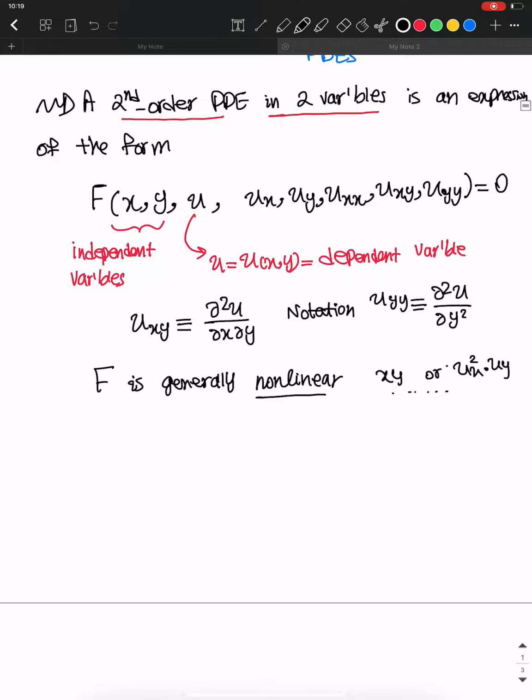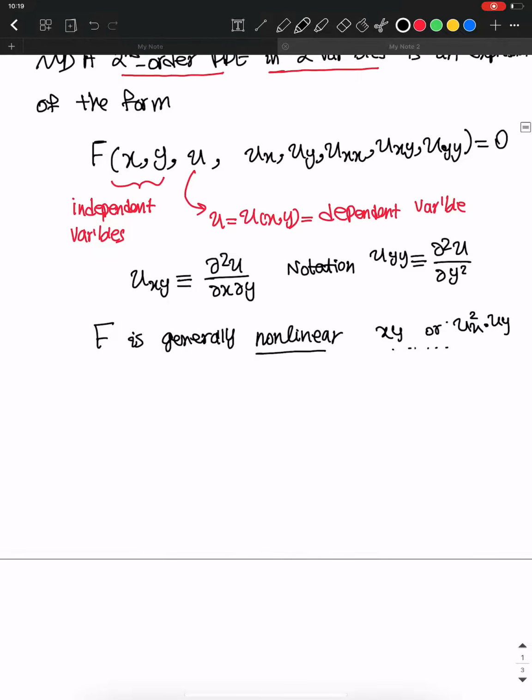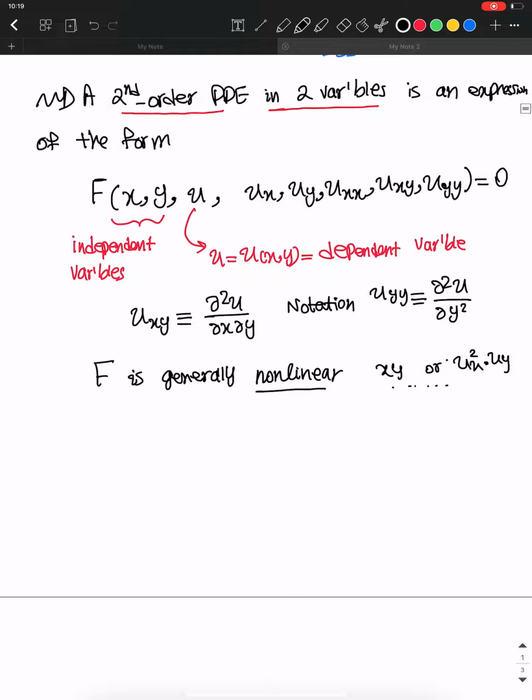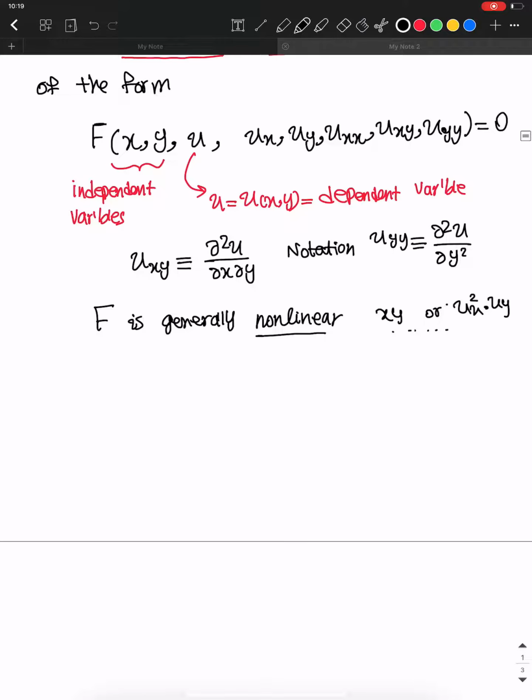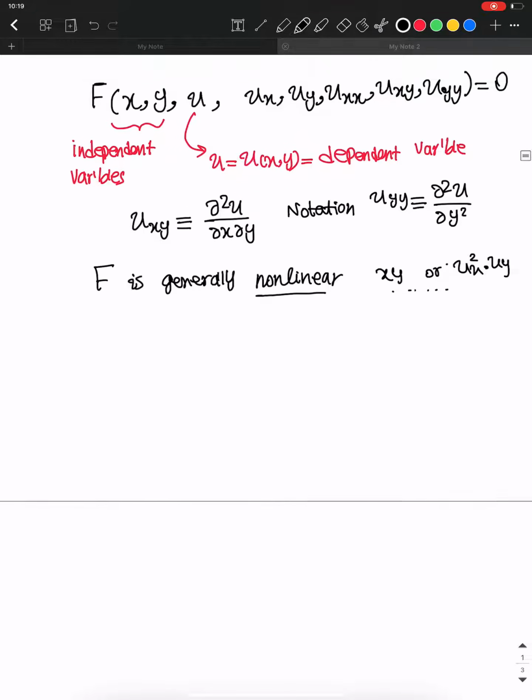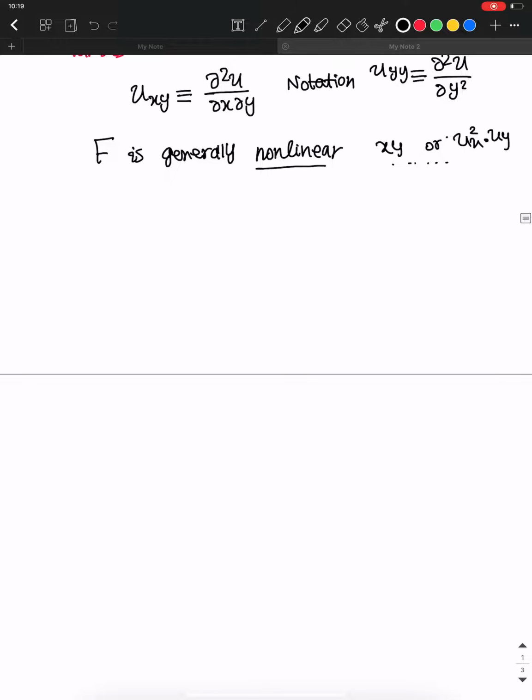Okay, so now I want to define a simpler version of this general formula for PDEs, and that is a linear PDE. So let's see what happens if you have a second order linear PDE in two variables.